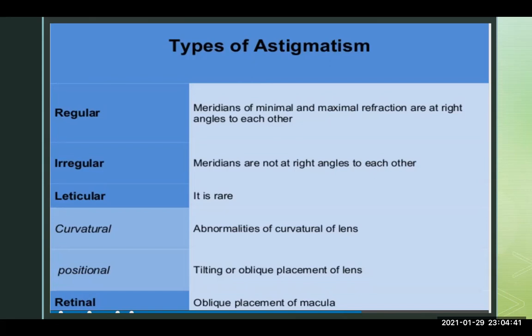Retinal astigmatism is also not common, but present especially in the posterior pole changes with high myopic patients due to posterior staphyloma, or oblique placement of the macula due to other causes, a compressing mass or something compressing on the back of the eye.